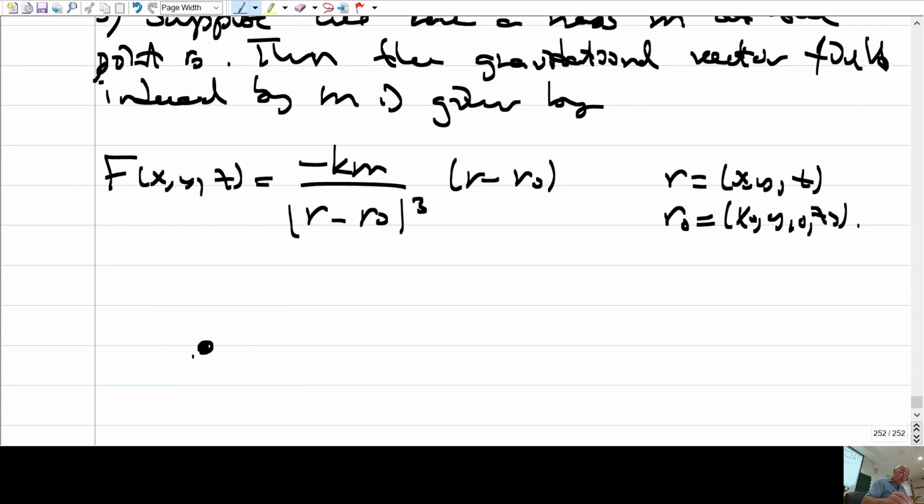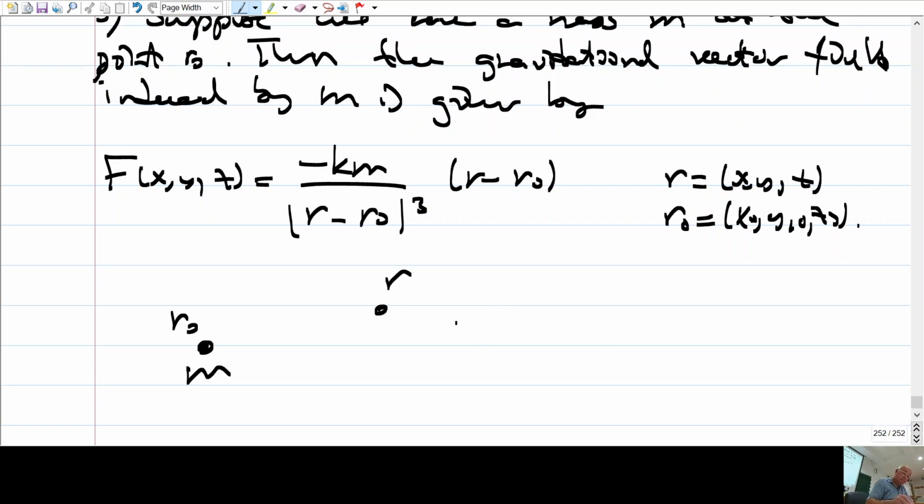So we have a point mass at any point. So this is the point r0. At any point r, the vector field is given by this formula.